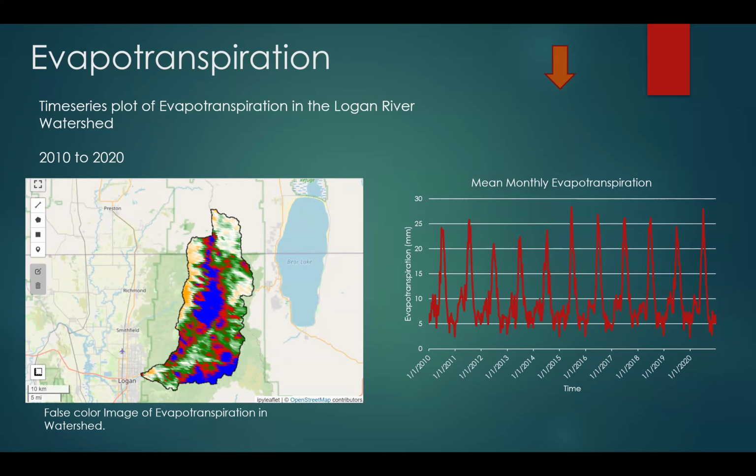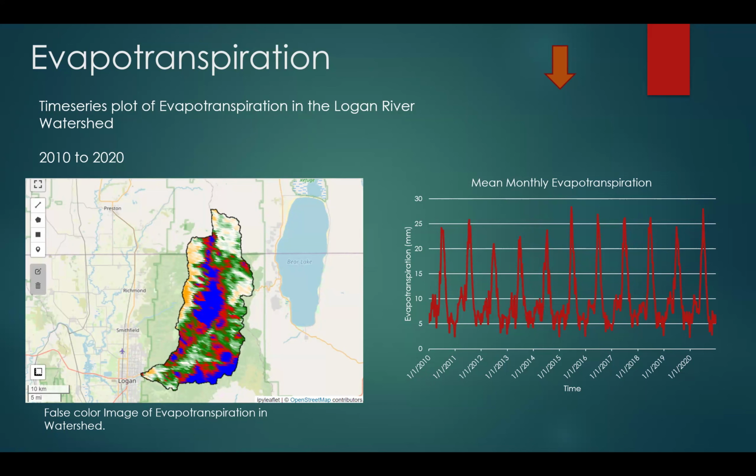I used a different palette, like yellow, blue, green, and white, and here you can see the variation of the ET in the watershed. I also did the time series analysis all the way from 2010 to 2020, and the graph shows the mean monthly evapotranspiration.